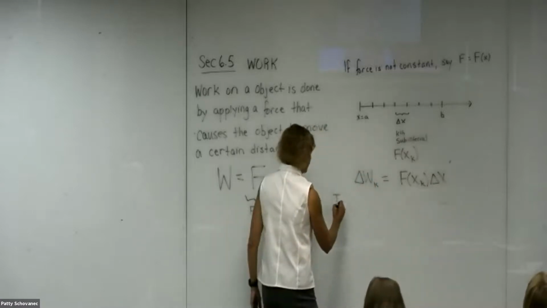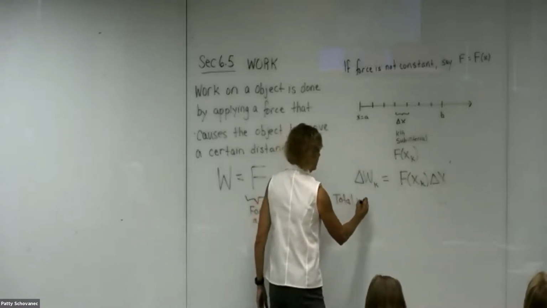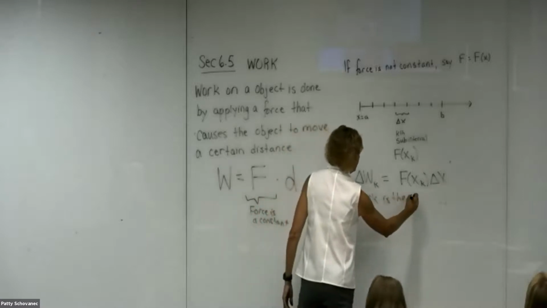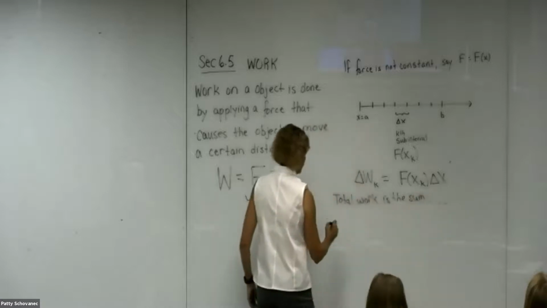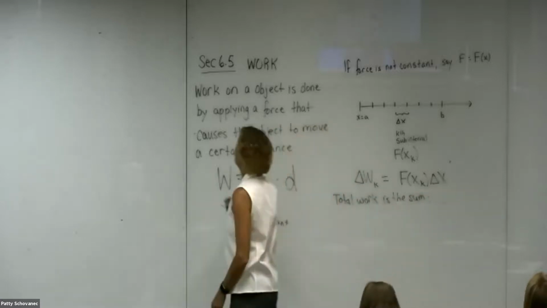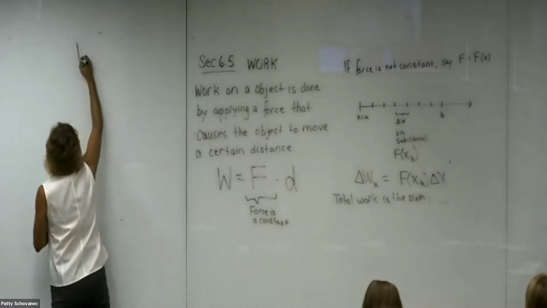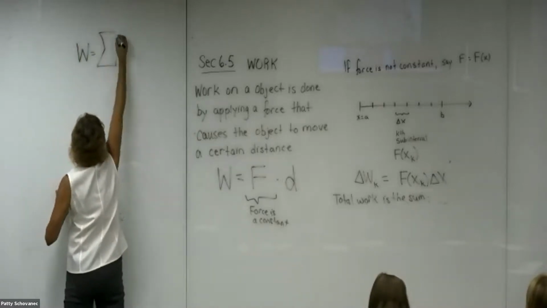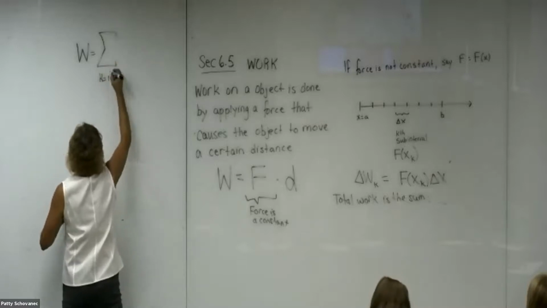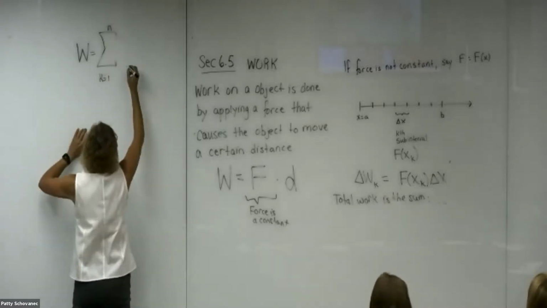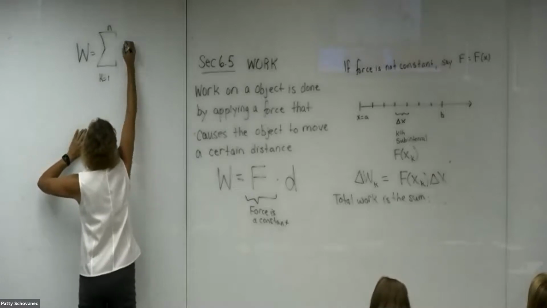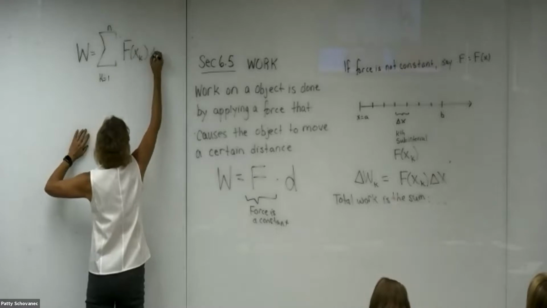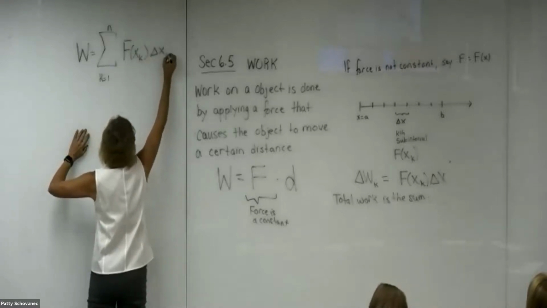So to get the total work is the sum of these. So the total work is the Riemann sum, k is equal to 1 to n. I'm going to have to squeeze a limit in there, so I'm going to move that over, of the force on the kth component times that width.